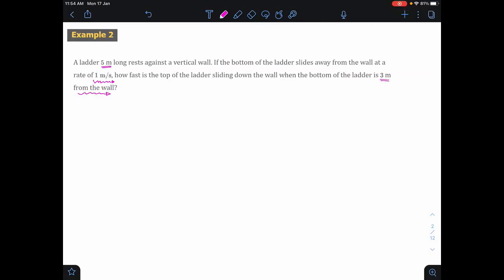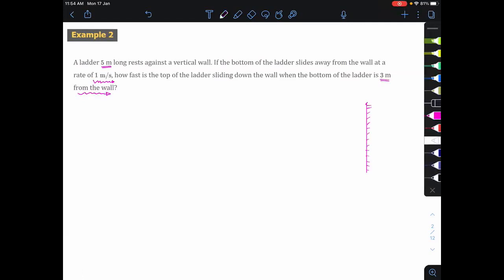A diagram that represents this situation. A ladder here, like this, stands against a vertical wall. So we have the vertical wall, and this is the ladder, and this is the ground. Okay, guys, the ladder is 5 meters long.